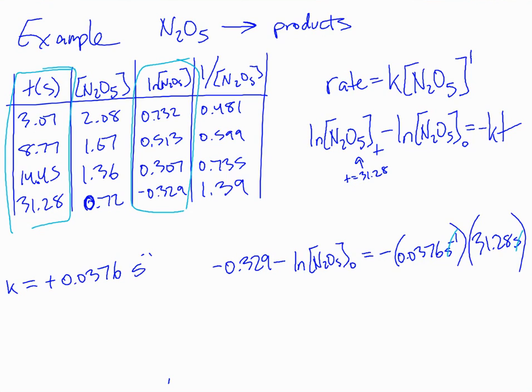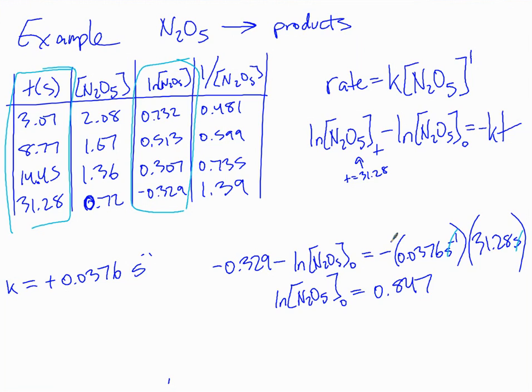So I'm going to rely on your algebra skills and understand what I'm doing here. But add this to the other side, over that. Natural log of the concentration at time 0 equals 0.847. How do we get rid of a natural log? How does it work in our calculator?